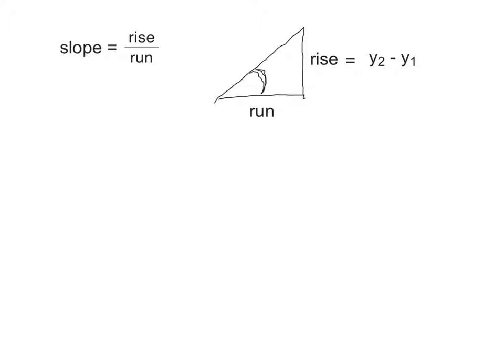If you've got 2 points, the y value of one point minus the y value of the other point. Similarly, run is equal to x2 minus x1, or the change in the x values here. So if you know 2 points, you can calculate the slope by saying y2 minus y1 over x2 minus x1.